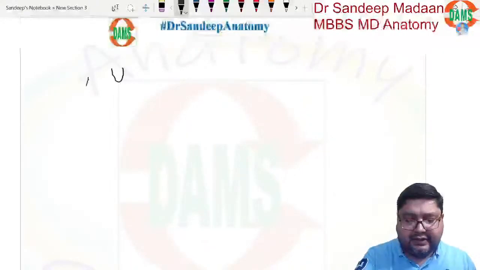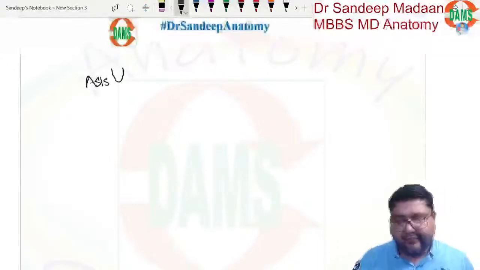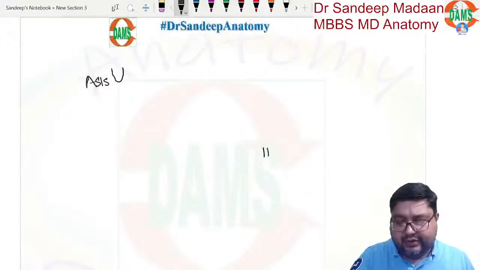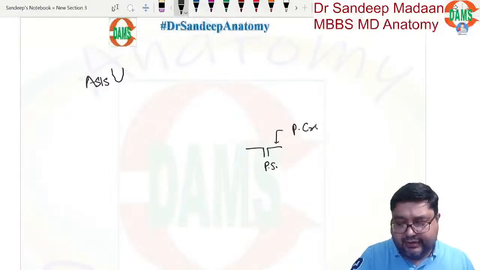This is ASIS, anterior superior iliac spine, and here we have, this is your pubic symphysis, this is the pubic crest, and this is the pubic tubercle. And here you can assume this is the midline, that is linea alba.